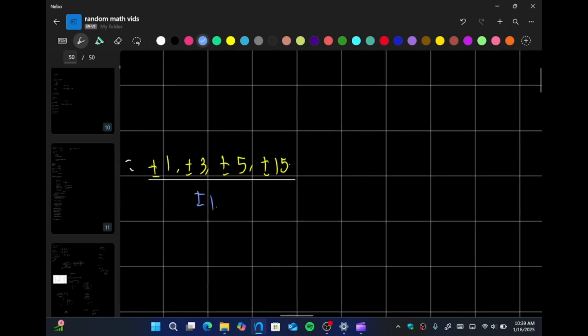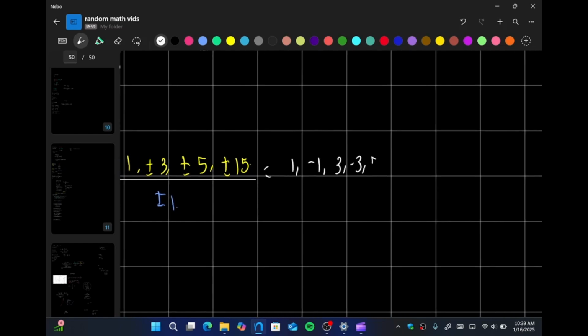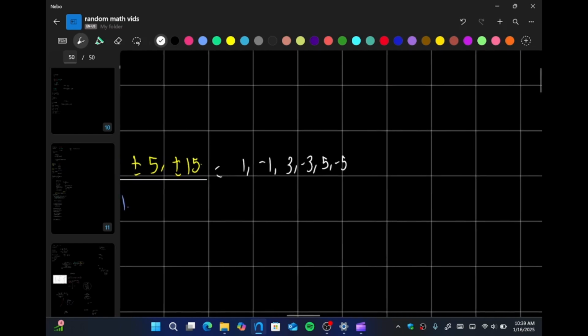So this is going to equal 1, negative 1, 3, negative 3, 5, negative 5, 15, negative 15.